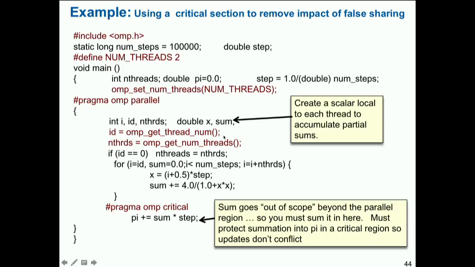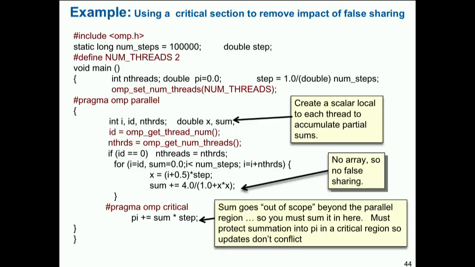It's a stack variable, so everyone updates its own sum. The thing is, I cannot close the parallel region here and then try to merge the sum values, because the sum is going to disappear. It's going to go out of scope, and it's going to be destructed. So I have to use those independent private sum values before I exit the parallel region.